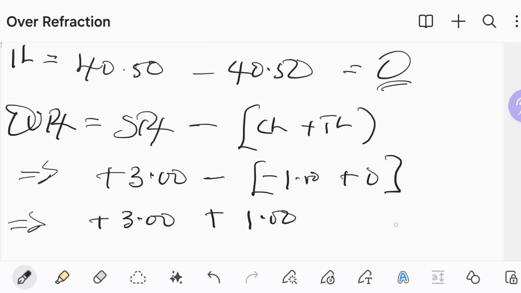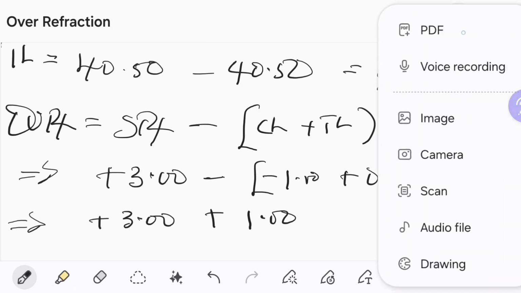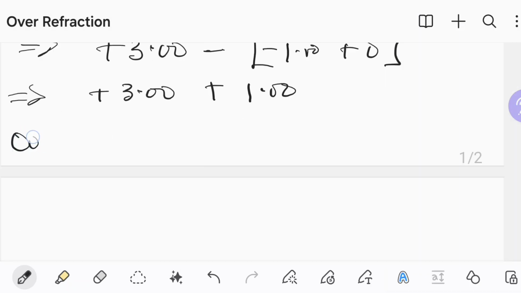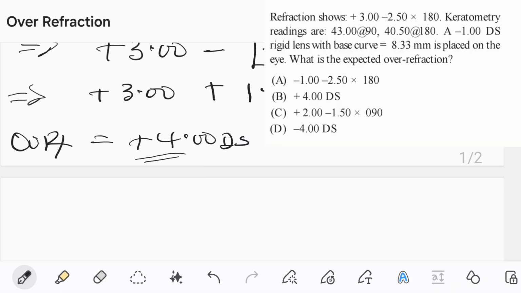Our over refraction in this question will now be equal to plus 3 plus 1, which is plus 4.00 DS. So this is the answer. Look for this on the options. I think the option there is B. So that is our expected over refraction.